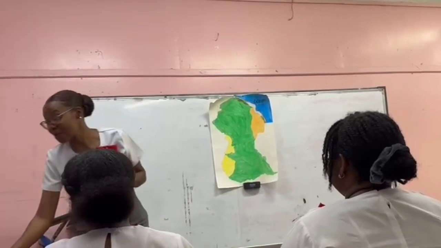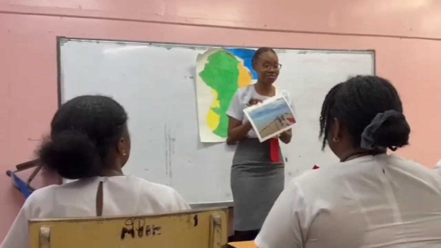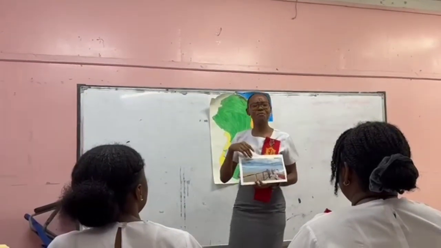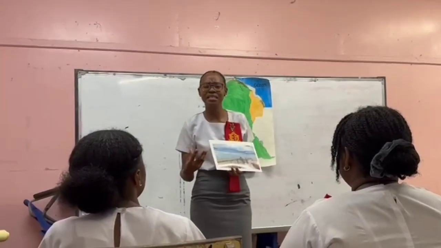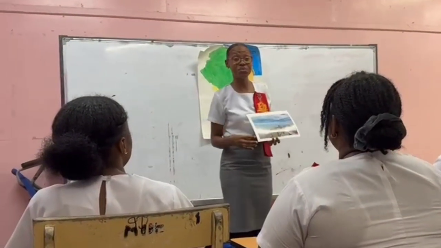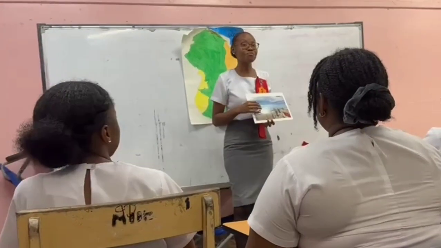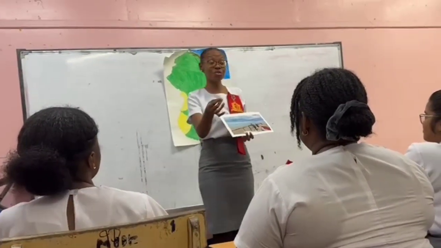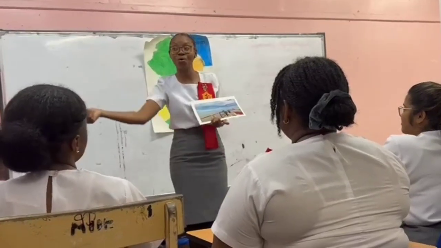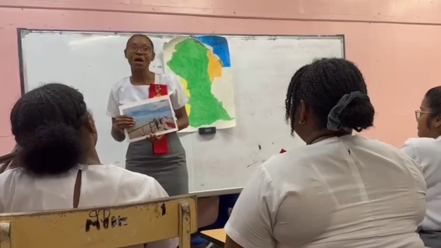Here we have a picture of a man that is fishing, right? And what are some of the things that a fisherman would need to catch a fish? Worm. Yes, he would use the worm as bait. A rod, yes. He would take the worm and attach it to the rod and throw it into the water. Anything else? A hook.